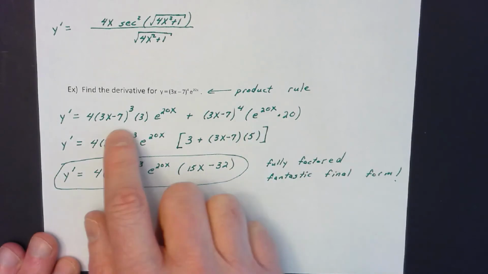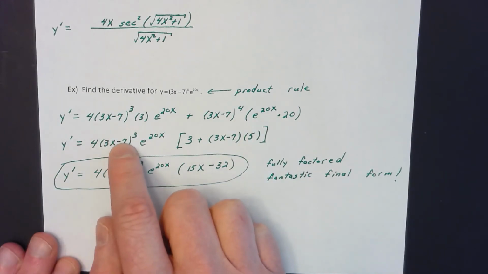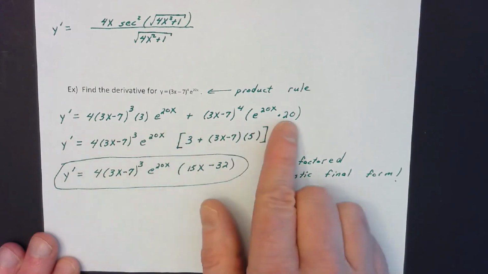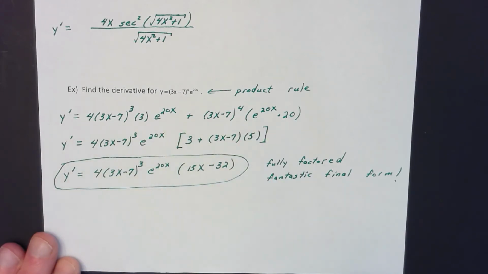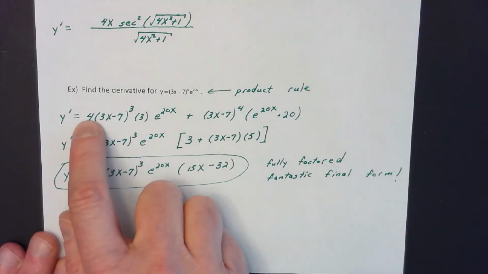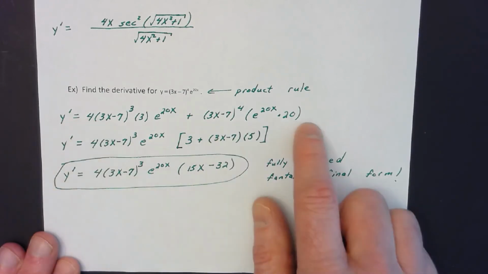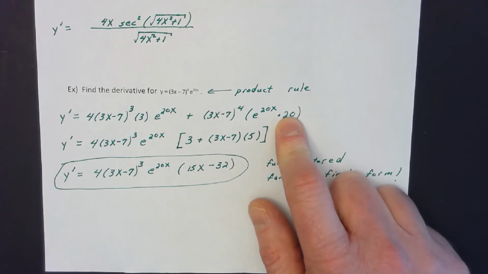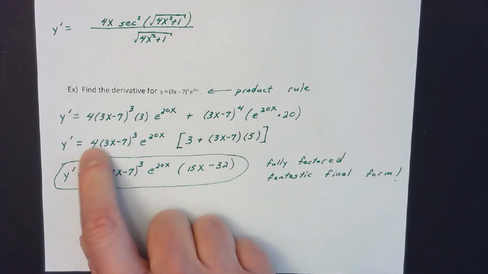So now I come down to the next step, and I'm supposed to factor in this step. So I looked at my two terms, and I'm trying to pull out my greatest common factor. The first group has a constant factor of 4. The second group has a constant factor of 20, which nicely for us, 20 does have a factor of 4. So I'm going to factor a 4 out of both groups.